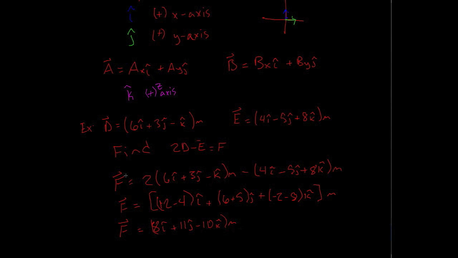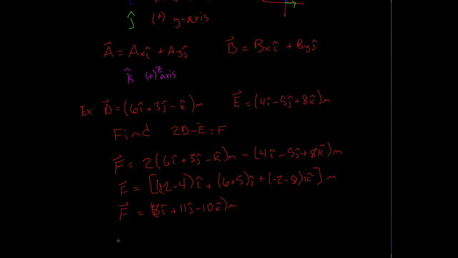So to actually find the magnitude of F, we've got the square root of Fx squared plus Fy squared plus Fz squared, using the Pythagorean theorem. Well, Fx is just 8, Fy is just 11, and Fz is negative 10. So plugging all that in, you get a displacement of 17 meters. So that's a little bit of use of unit vectors.